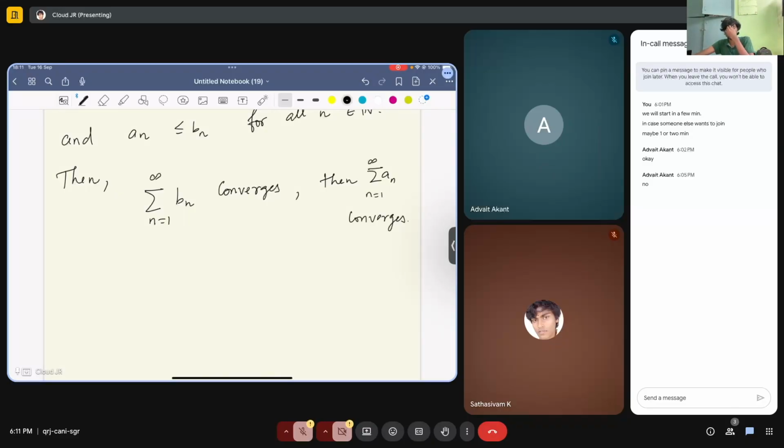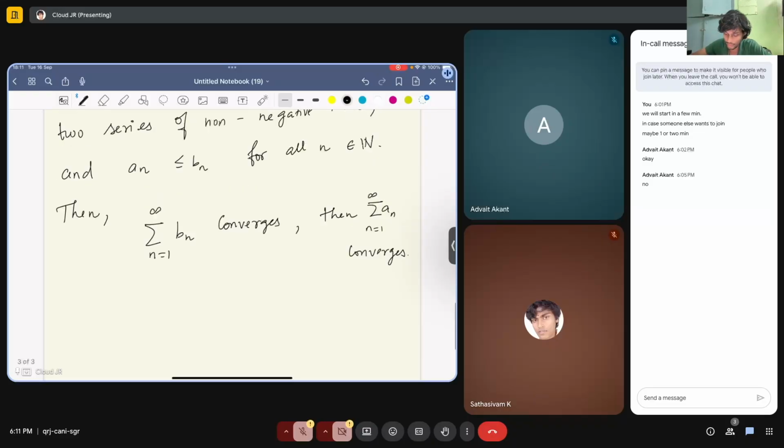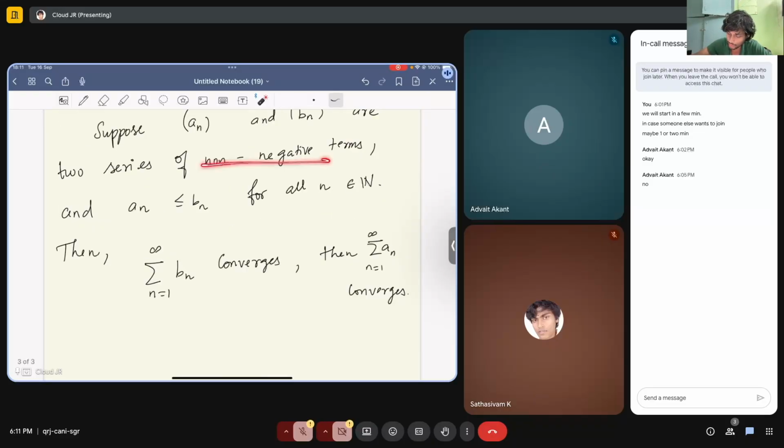Here the non-negative condition is important, because otherwise this term can diverge to minus infinity.